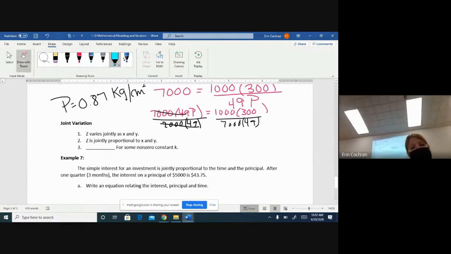What do you guys notice is different? Z varies jointly as X and Y. What's different from the other ones we just did?